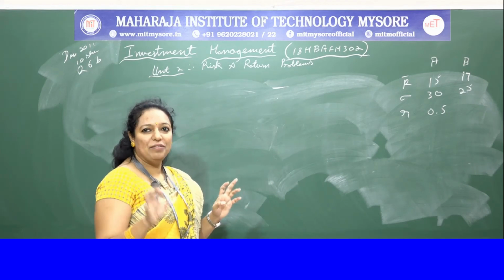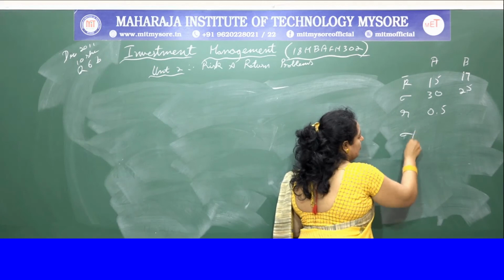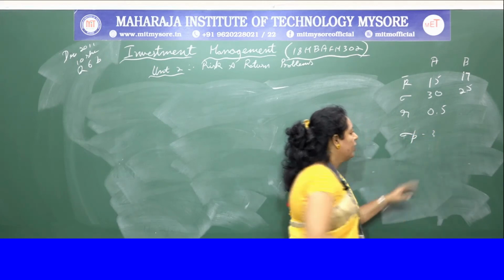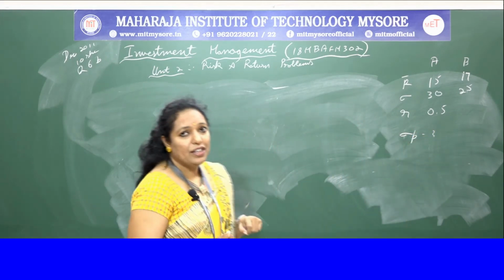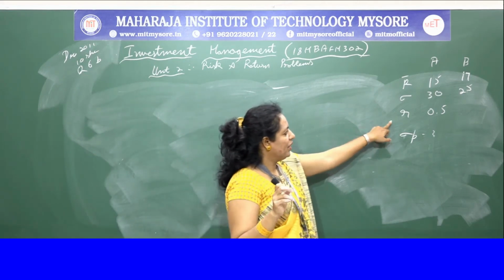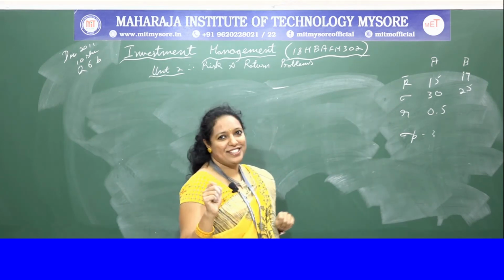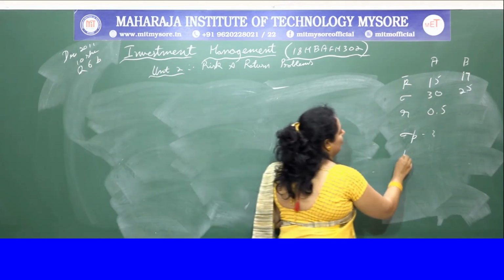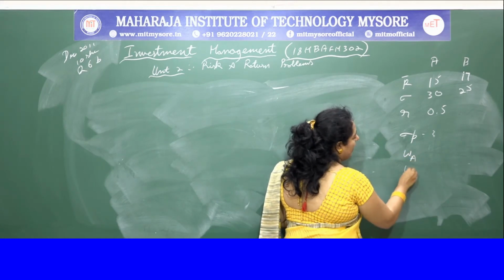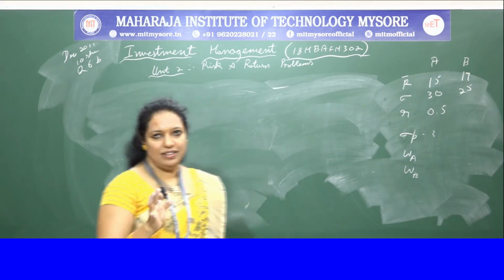So here you have to calculate the risk portfolio. To calculate the risk portfolio, we need R, we need standard deviation, but we need weights. Whereas weight A and weight B both are not given.